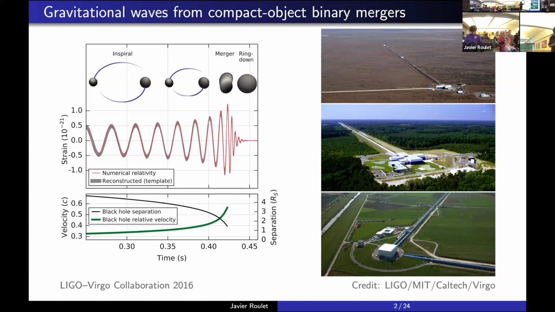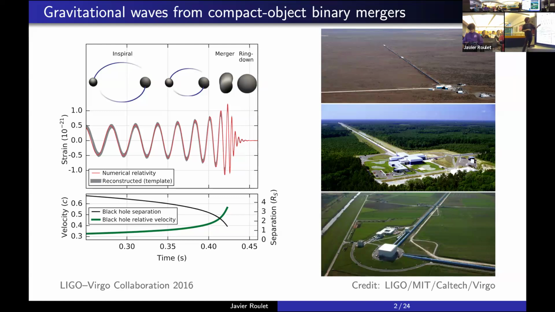There are currently three main detectors in operation, two known as LIGO in the United States, and one called Virgo in Italy. And then what the gravitational wave signals look like is this strain as a function of time. And the strain is basically by how much the space-time is being stretched and squeezed.